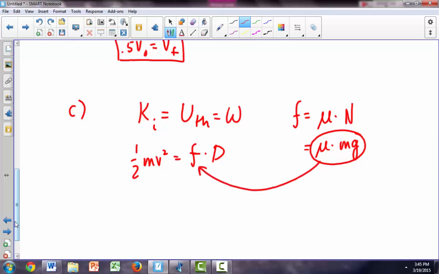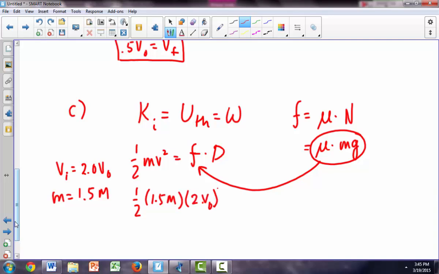That's going to go over here. My initial velocity of the 1.5 m block is 2v0, and my mass is 1.5 m. So I have 1/2 times 1.5 m times 2v0 quantity squared equals mu mg times d.